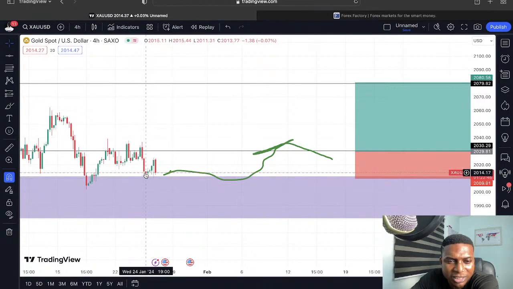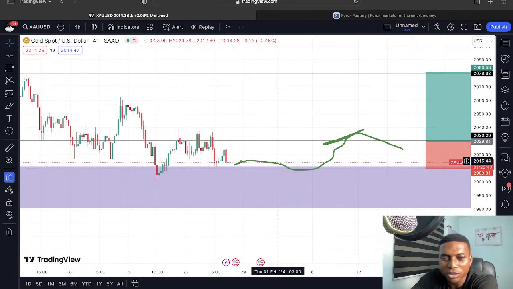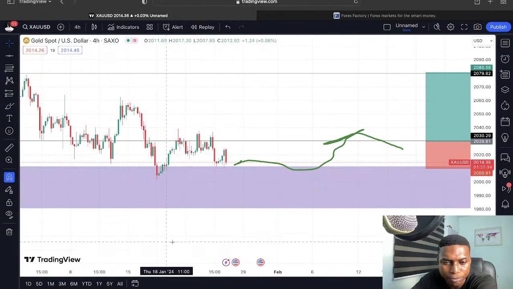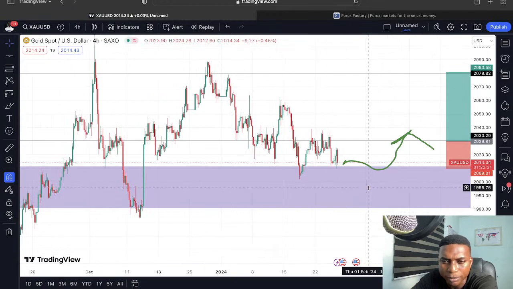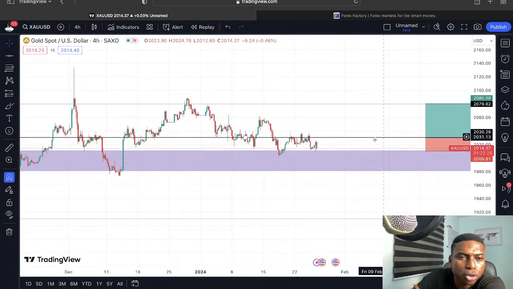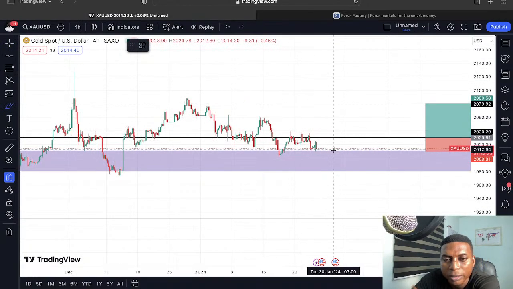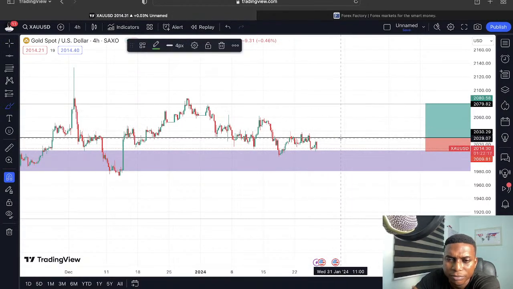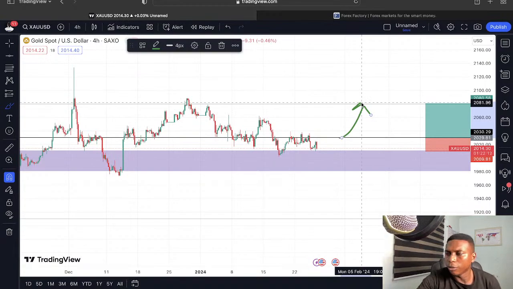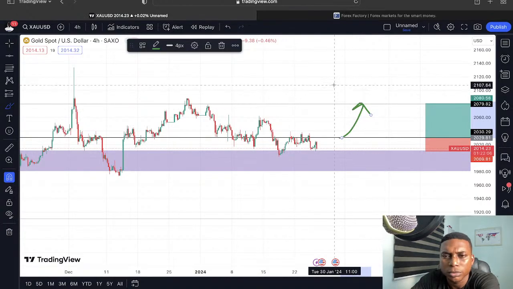This previous rejection is only an indication of the buy orders at this level being triggered, pushing price higher. So I would be taking a position to buy gold at this level, like I said, and my take profit will be here, the next resistance zone.